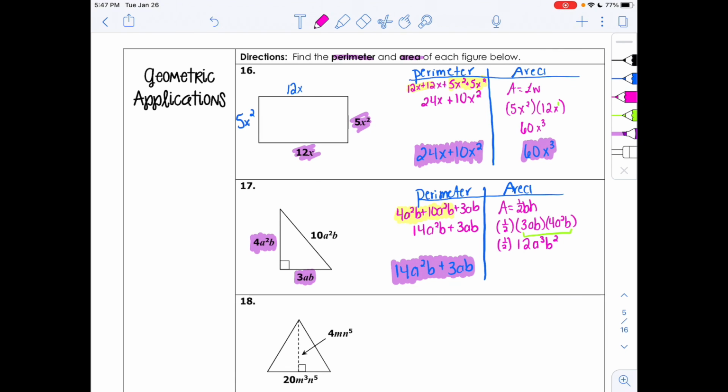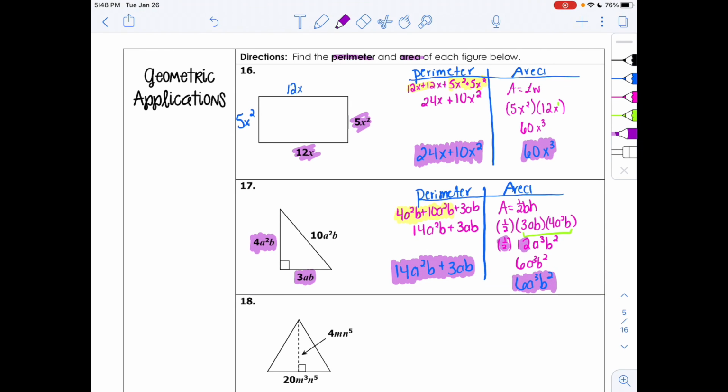Then I can take into account this 1/2. So I'm just multiplying that 1/2 times 12. So 1/2 times 12 is 6. And then bring down your a to the third b squared. So our area is 6a to the third b squared.